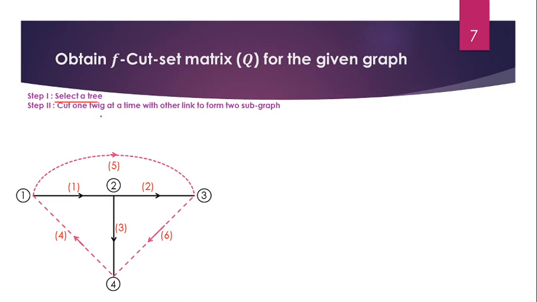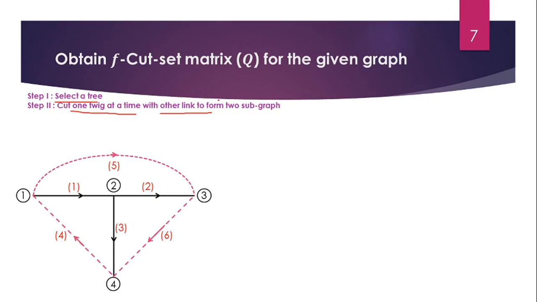Second step: cut one twig at a time. Here you have to cut only one twig at a time, along with links, because when we cut the graph, the basic principle is that the rank should be reduced by 1. It should divide into 2 subgraphs, and the nodes are divided into 2 groups.